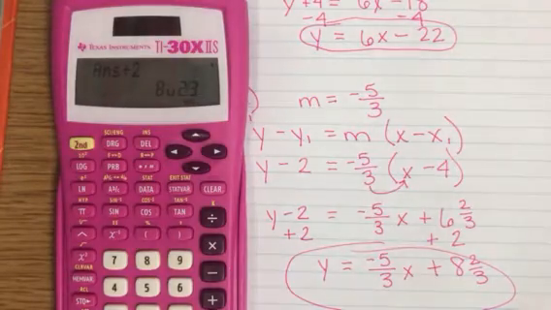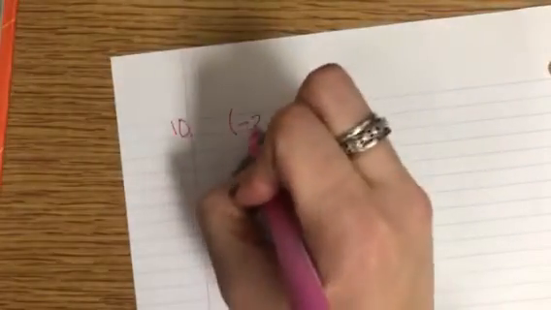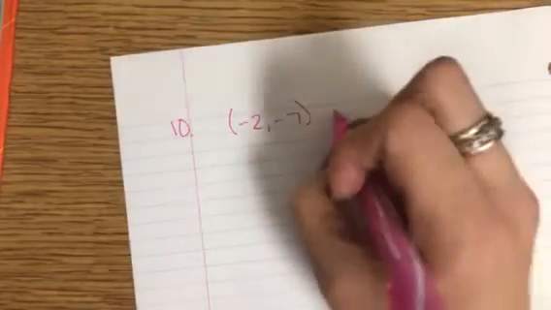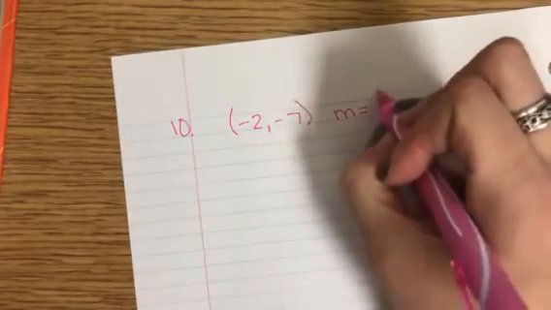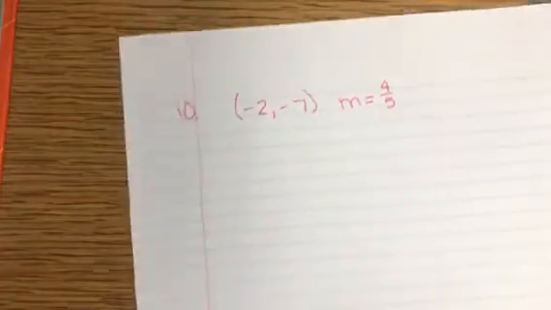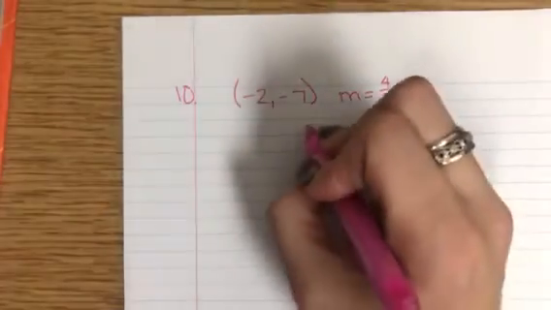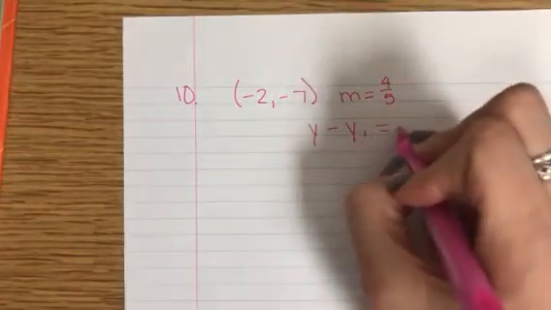Now, I'm not going to solve 10 and 11 all the way out for you, but I will at least help you get going. If we look at number 10, we have (-2, -7) and we have a slope of 4/5. So we want to plug into point-slope form again.